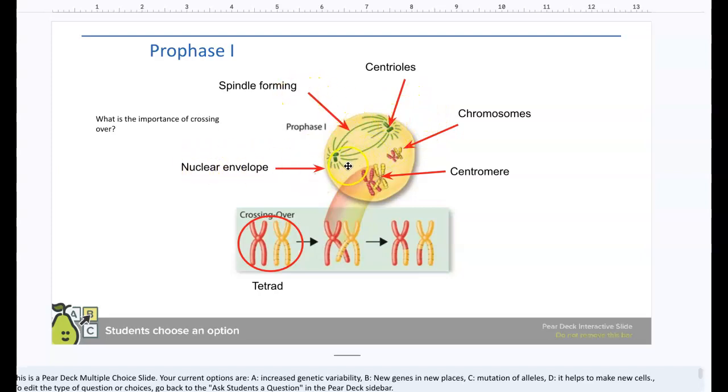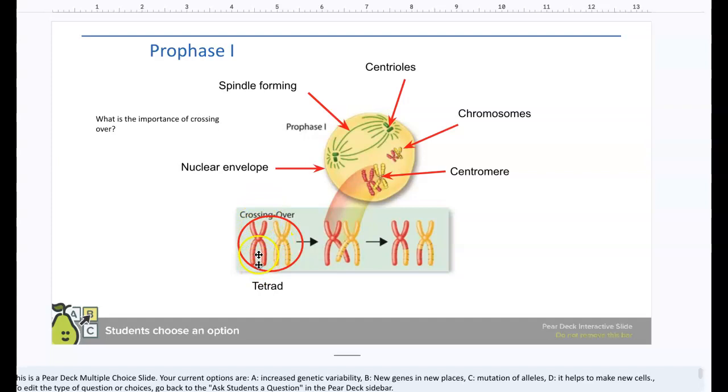What we have at this point is crossing over. Take a second to try answering in the pair deck what's going on here. What happens is we have these tetrads. They go over each other, and then they come out with, if you notice, these color-coded sections, one set of chromosomes that is no longer identical to the other.